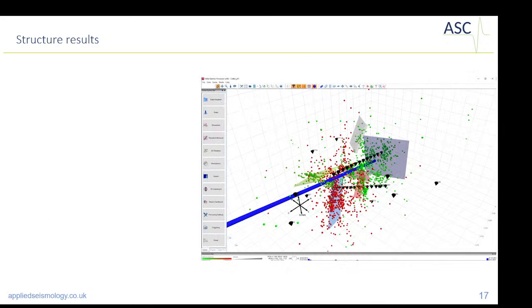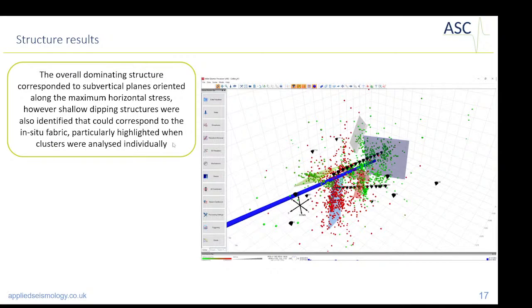And we can see here the interpretation for each of the clusters. The overall dominating structure is a subvertical plane oriented along the maximum horizontal stress. That's expected.